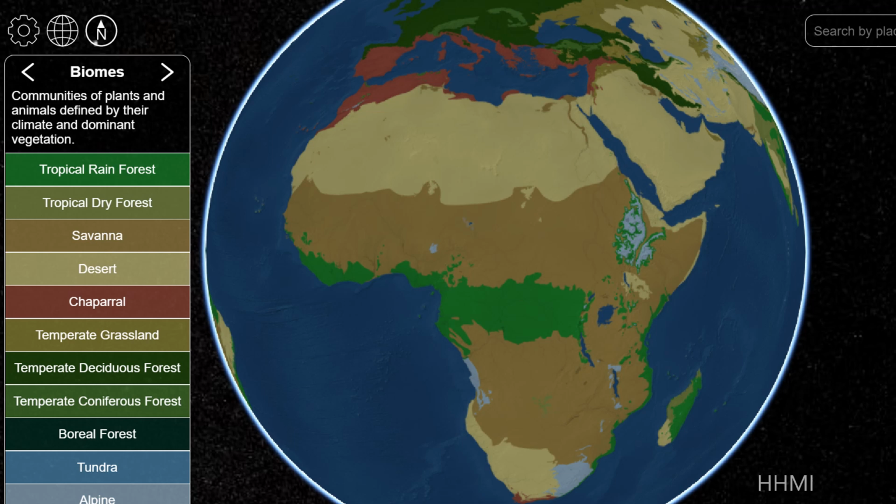If we start walking north from there, we'd first cross through savanna, then desert, then into the chaparral area, and then into temperate deciduous and coniferous forest, and eventually we'd end up in the Arctic tundra. The species composition of each place is going to change, and their adaptations reflect traits adapted to those unique environments.